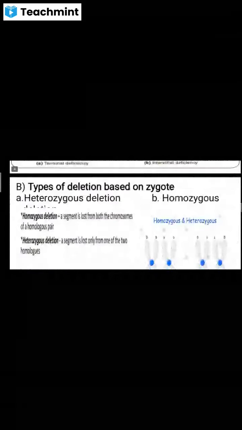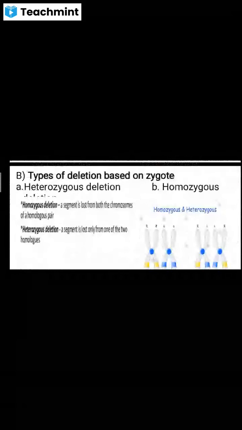So the chromosome loses that sequence, and the new sequence due to the interstitial deletion is 4, 1, 1, 2, 3. These are types based on the positions of the cut.